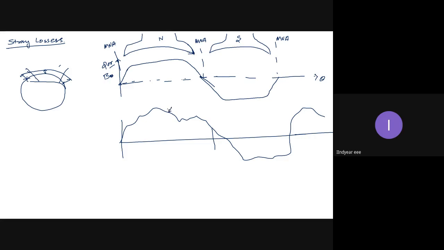You heard of harmonics? Yes, sir. Where did you come across harmonics? In AEC also. In which part? Power amplifiers.